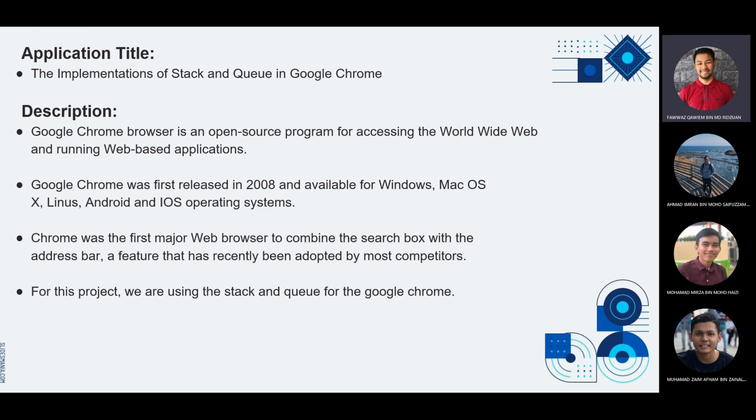Google Chrome was first released in 2008 and is available for Windows, Mac OS, Linux, Android, and iOS operating systems. Chrome also was the first major web browser to combine the search box with the address bar, a feature that has recently been adopted by most competitors. For this project, we are using the stack and queue for Google Chrome.